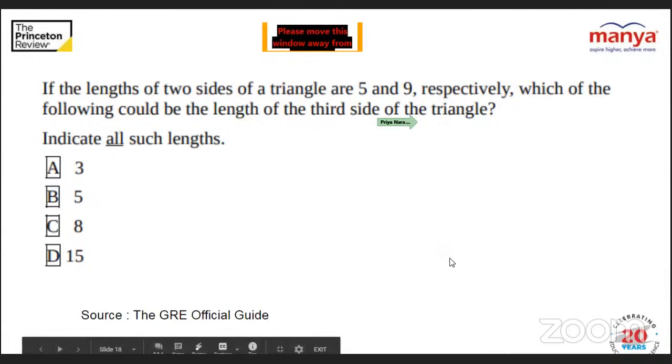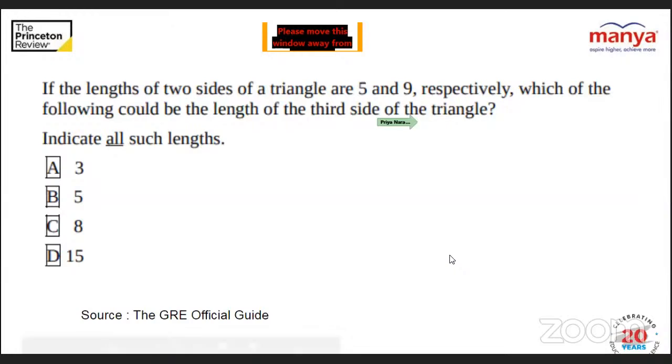If the lengths of two sides of a triangle are 5 and 9 respectively, which of the following should be the length of the third side of the triangle? What rule did you use there, Deepak?